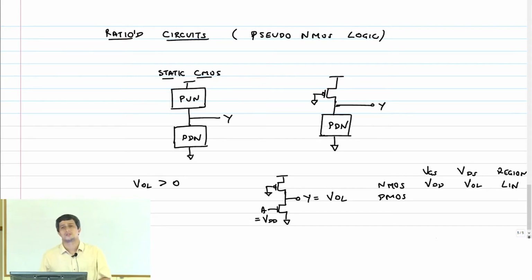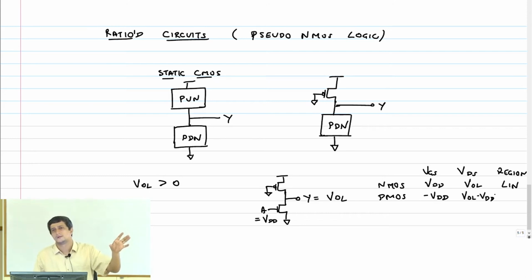What about the PMOS transistor? What is VGS? Minus VDD. VDS is VOL minus VDD. Now, which region is the PMOS transistor in? You have to do VGS minus VT.